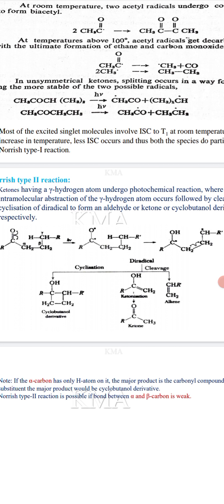Under photochemical irradiation, it forms a CH3CO free radical plus a CH2CH3 free radical.